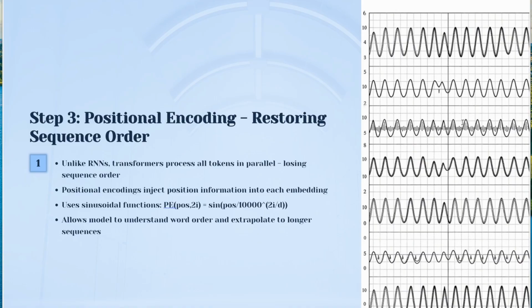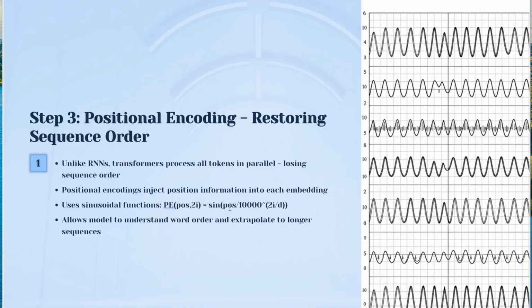To fix this, we introduced what is called the positional encoding. The positional encodings are vectors that inject information about the token's position in the sequence directly into the embedding. The key idea is we add positional encodings, which in the original transformer model are generated using sinusoidal functions.